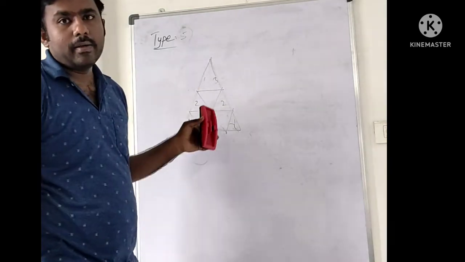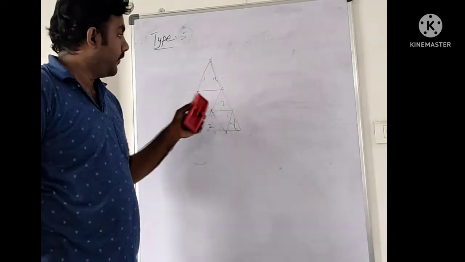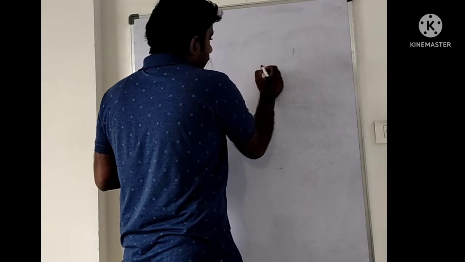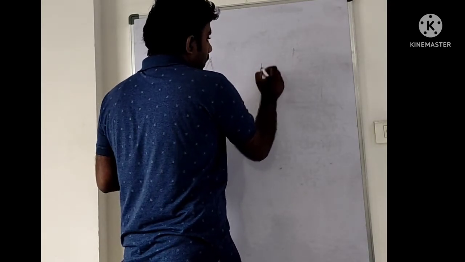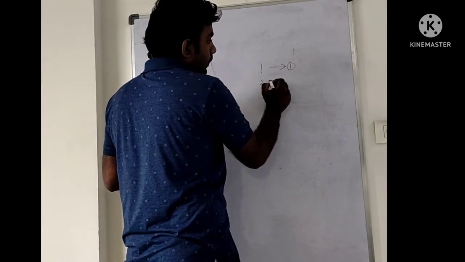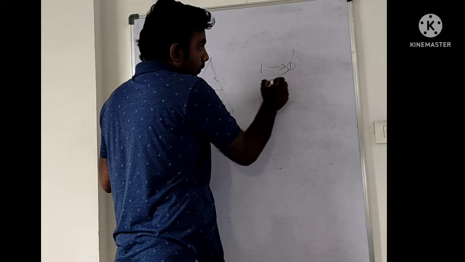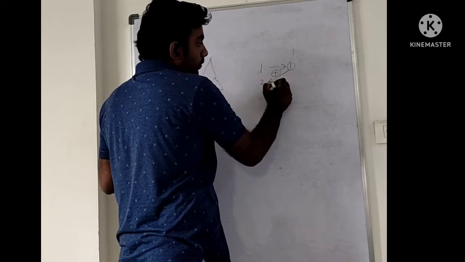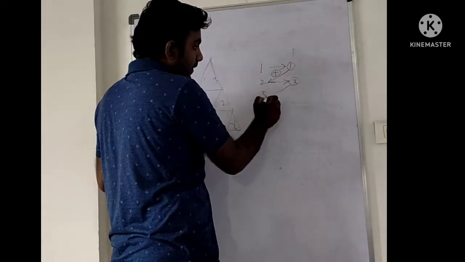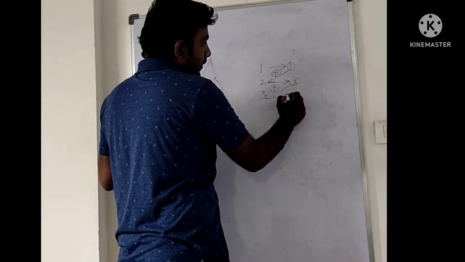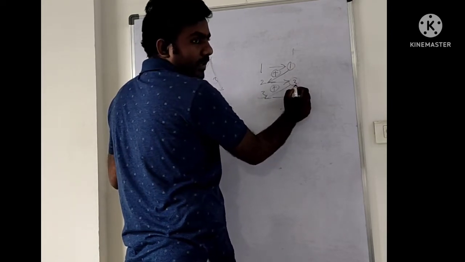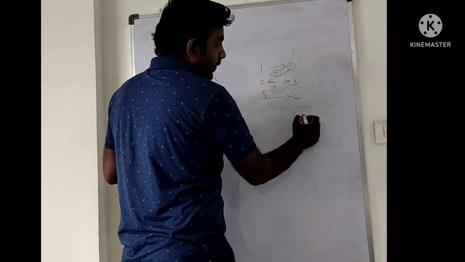Each side has 3 bases, right? For this type of figures, we have one trick. How many bases are there? 1, 2, 3. We can add 1 plus 2, meaning here it is 3, and we can add 3 plus 3. It is 6. Here 6 plus 3 is 9, 9 plus 1 is 10.